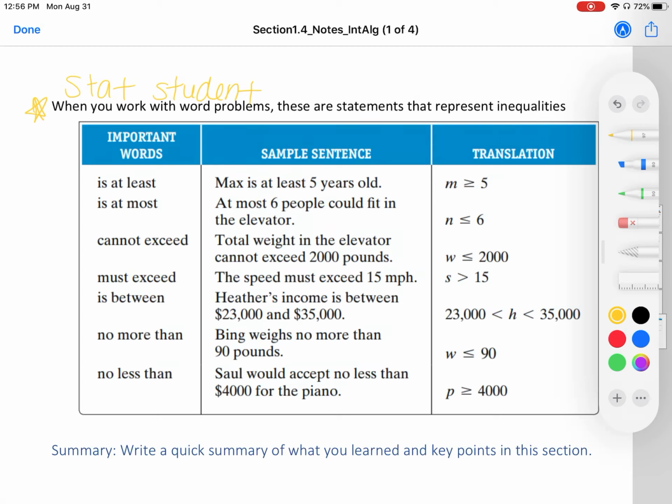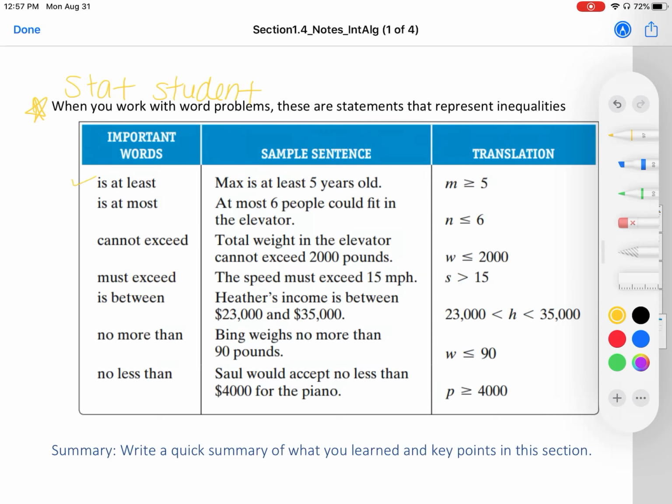This wording is just something that they aren't familiar with. So please take a moment to take a picture of it, or maybe make sure you write it down, because when you take statistics, if you take it, you will see these phrases.